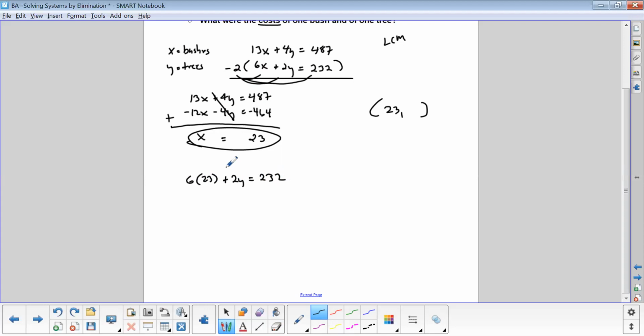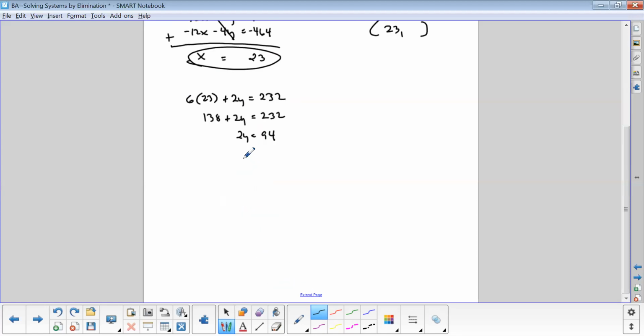And so now it's just compute. 23 times 6 is 138 plus 2y is equal to 232. And then I'm going to take 232 and subtract 138. And I'm going to get 2y is equal to 94. And when I divide by 2, I'm going to get y is 47.